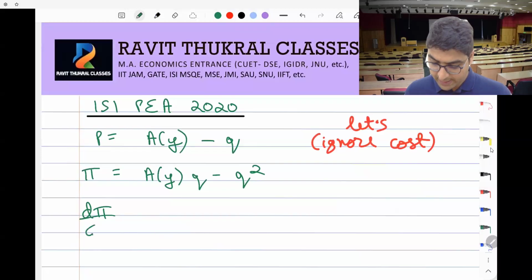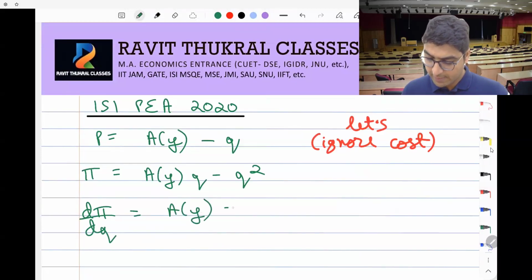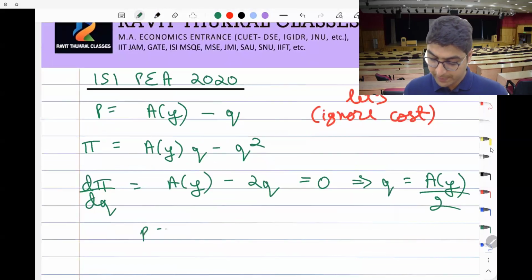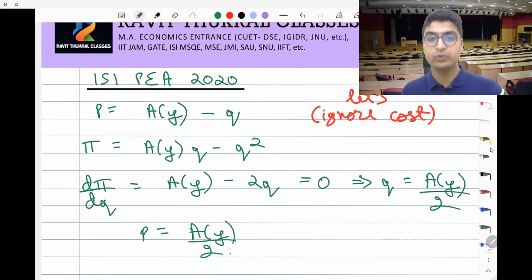So d pi by dq will be equal to ay minus 2q, which we will take to be equal to 0, which implies q will be equal to ay divided by 2. And from this, p will be equal to, if I put it here, again ay divided by 2.